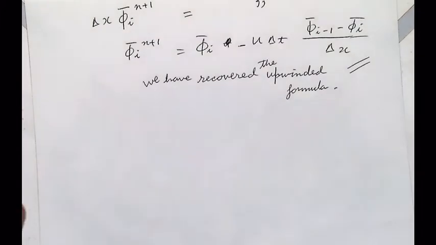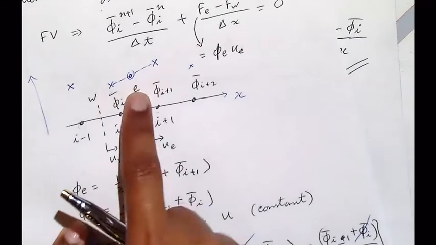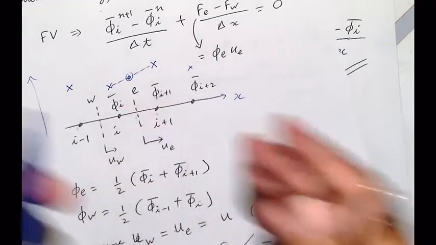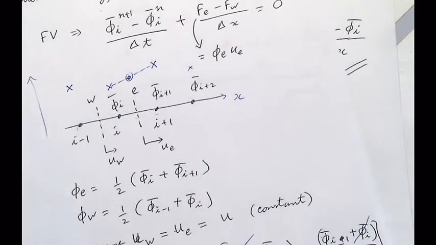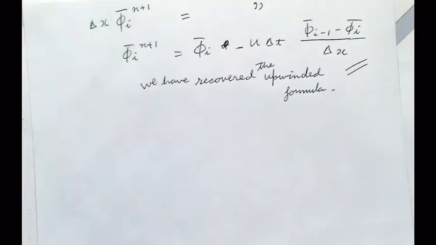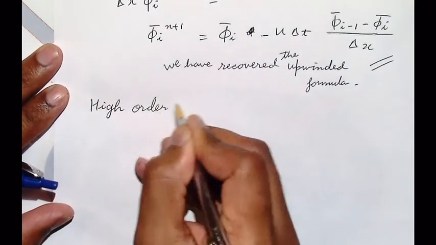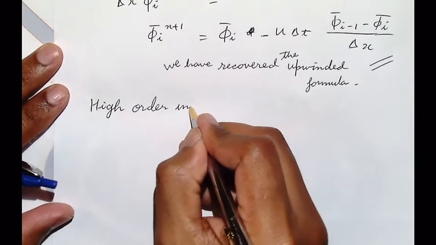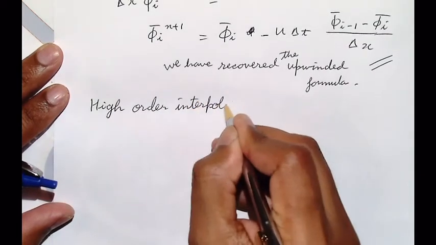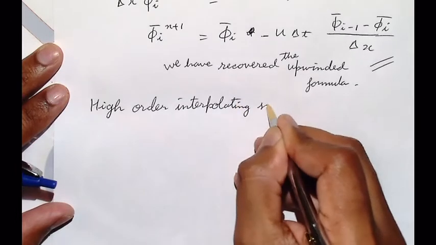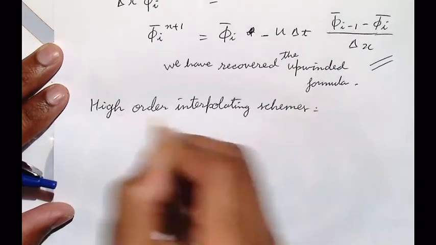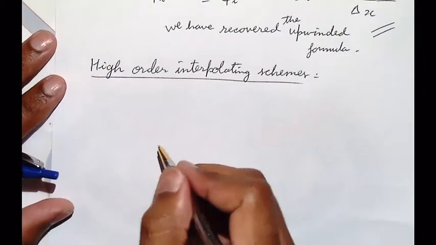Then we were talking about how it doesn't seem very smart to use just two cells, or to upwind using only what's to my left or what's to my right. Let's do something more involved, a higher order interpolating series, again in the context of upwinding.